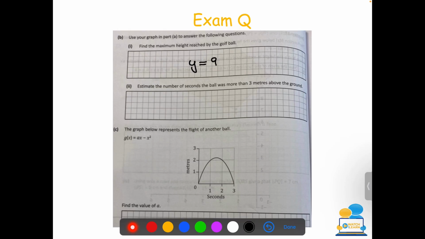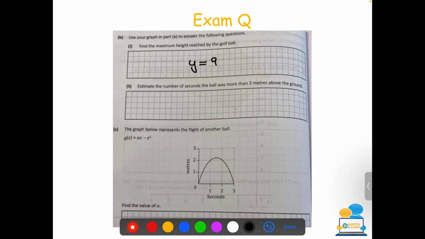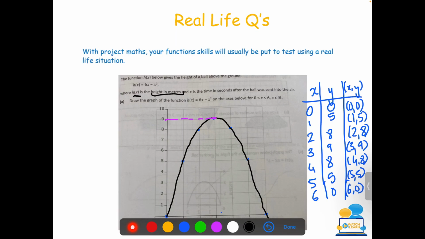Right, it says estimate the number of seconds the ball was more than 3 meters above the ground. Right, so we know that our y values, our h of x or our y, is the height in meters. The question asks us the number of seconds the ball was more than 3 meters above the ground. So let's go to 3 meters.